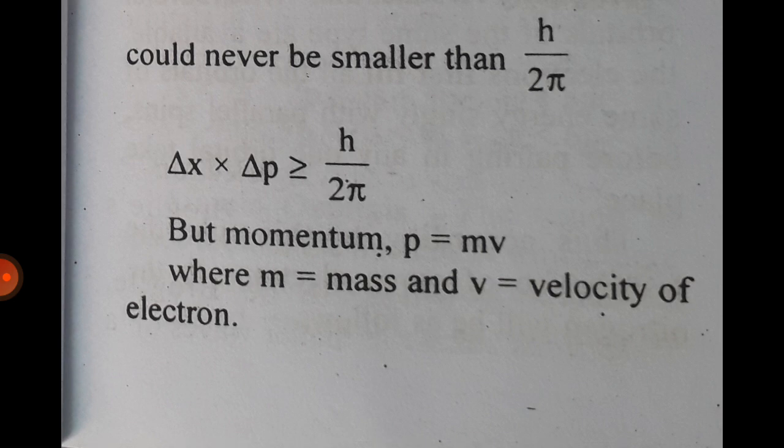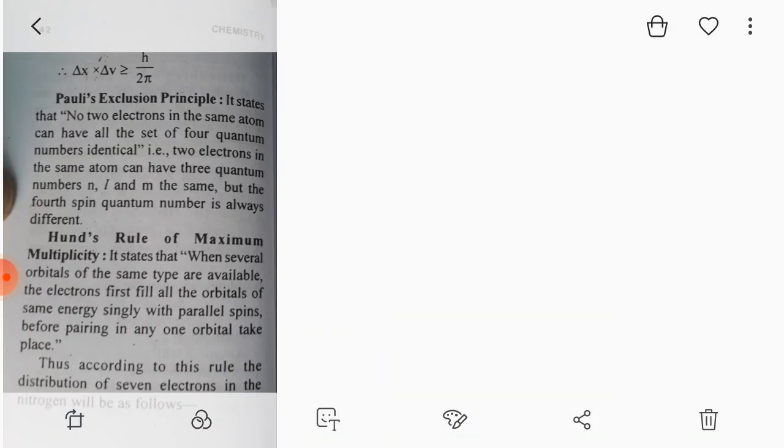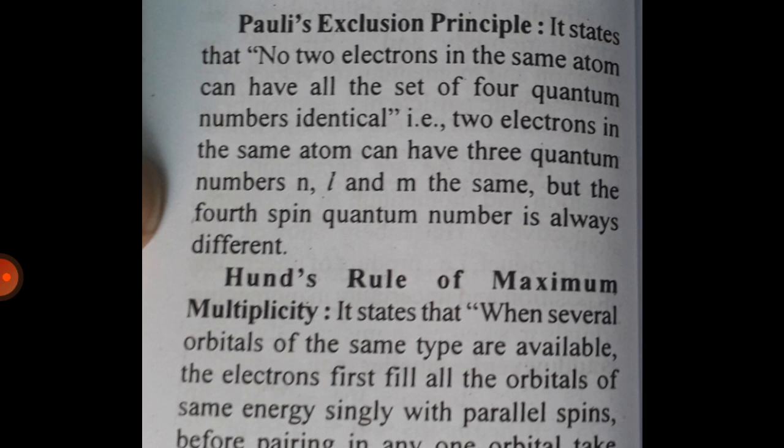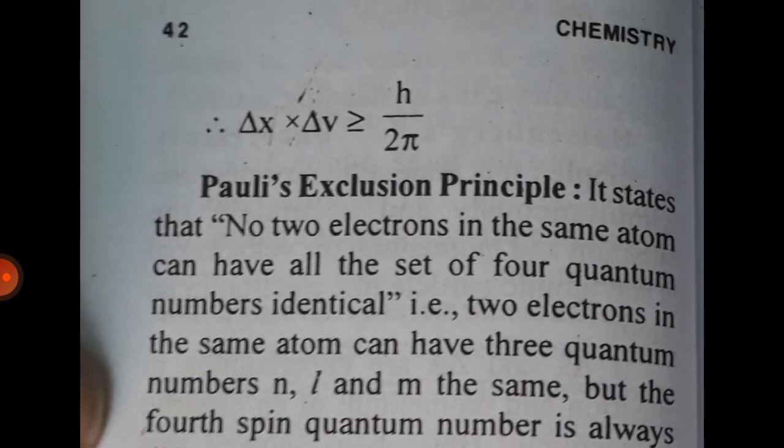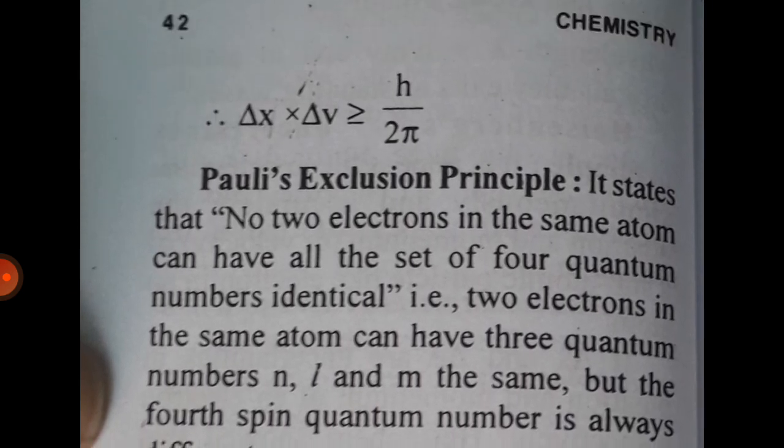Delta x multiplied by delta p is greater than or equal to h upon 2 pi. But momentum p is equal to mv, mass times velocity, where m is mass and v is velocity of the electron. Therefore, delta x multiplied by delta v is greater than or equal to h upon 2 pi.